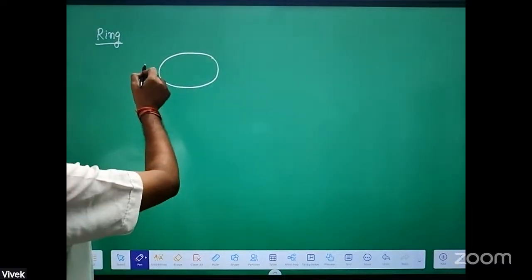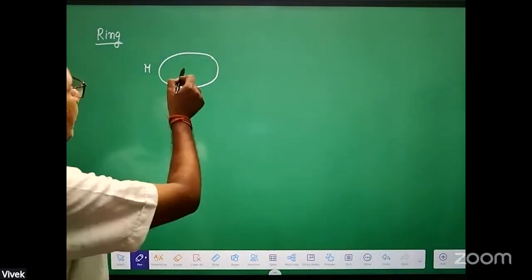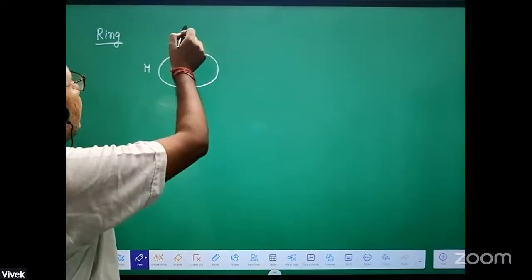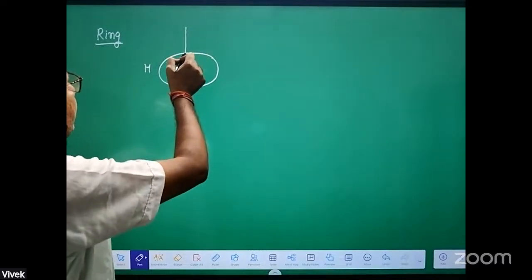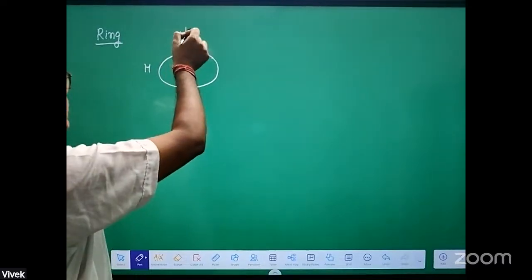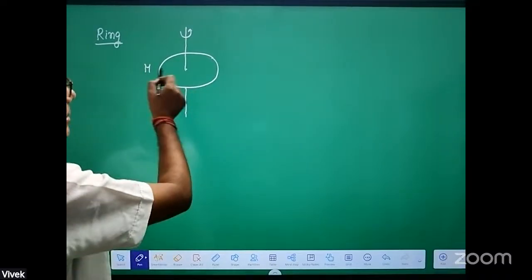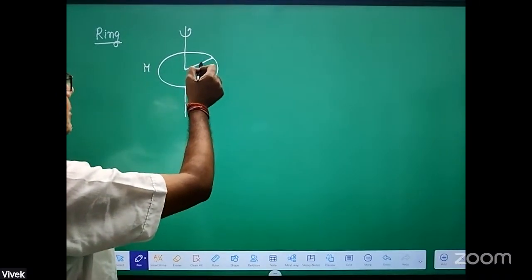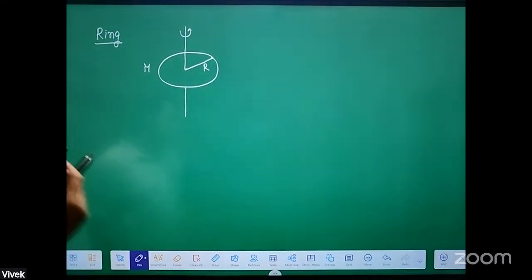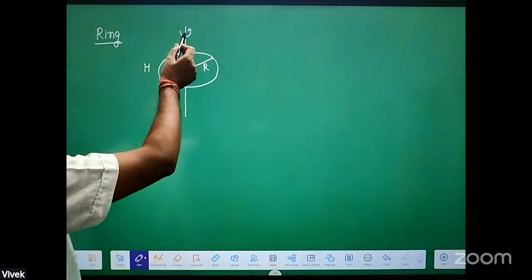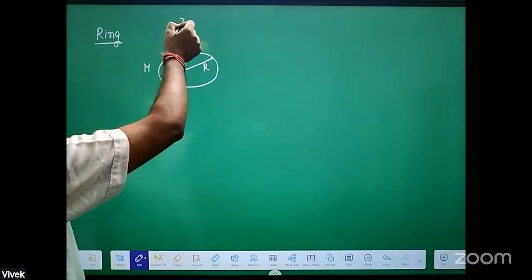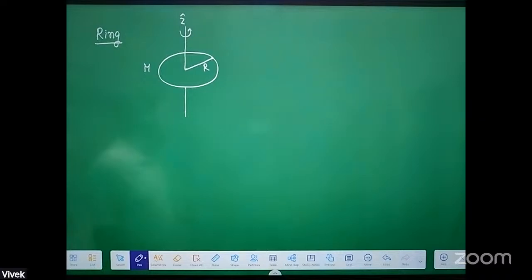That is capital M. And now, suppose this ring is rotating about this axis. This is the axis of rotation. Mass is M, radius is R. So what will be the moment of inertia of this ring rotating about this axis, Z axis?